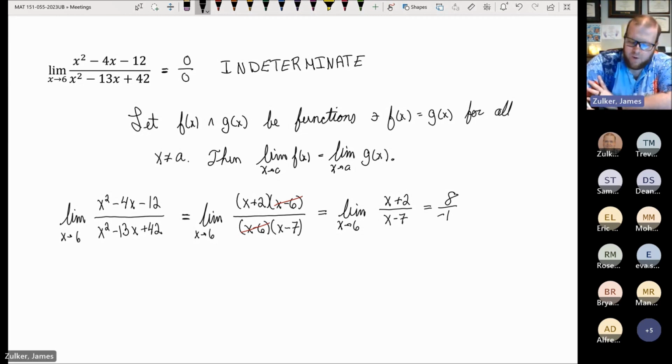We get 8 over negative 1, which is just negative 8. Our limit's negative 8.